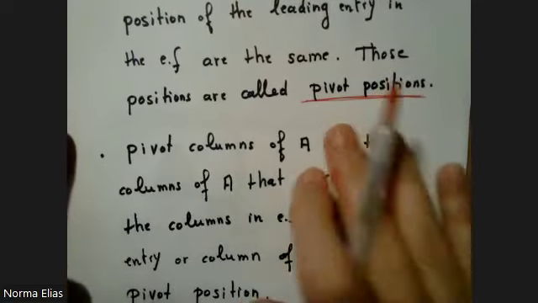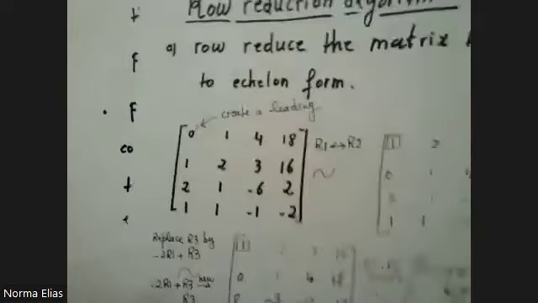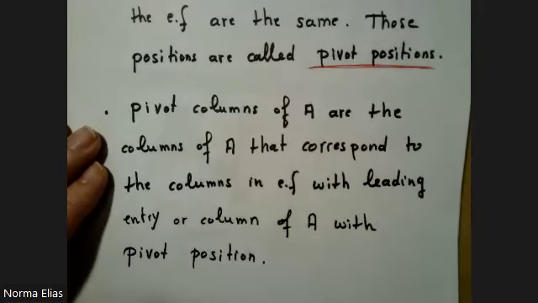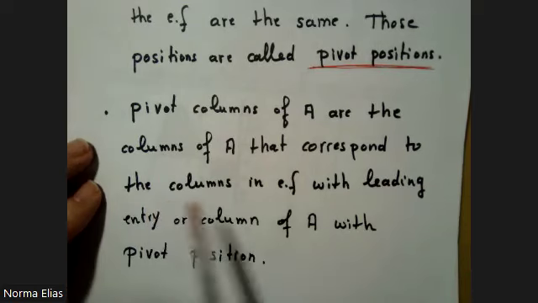Note 2. Pivot column. Suppose you have a matrix A. That's really my original matrix. The pivot columns of A are the columns of A that correspond to the columns in echelon form with a leading entry, or the columns of A with a pivot position.